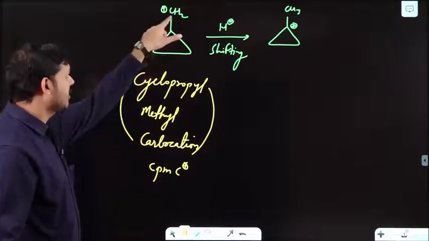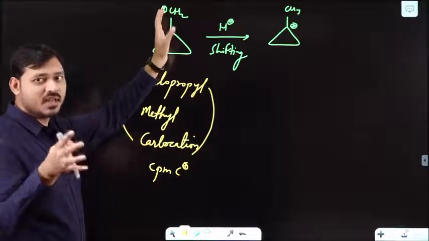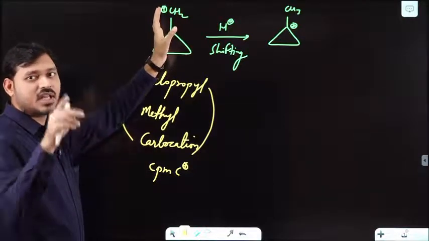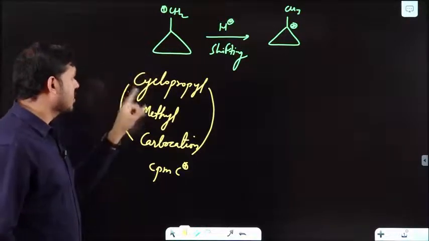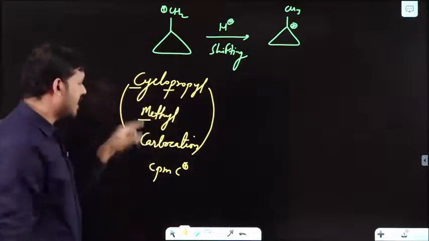Cyclopropyl methyl means from methyl, from CH4 methane, CH3 with 1 valency free. If it is a carbocation, it is a methyl carbocation, and in that methyl carbocation you have cyclopropyl, so it is the cyclopropyl methyl CPM carbocation.